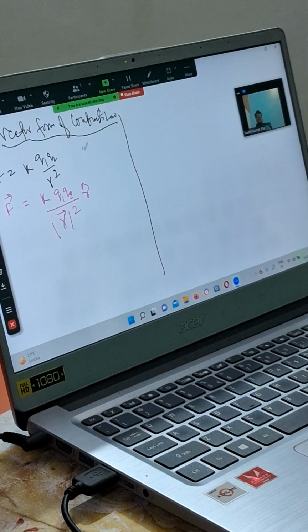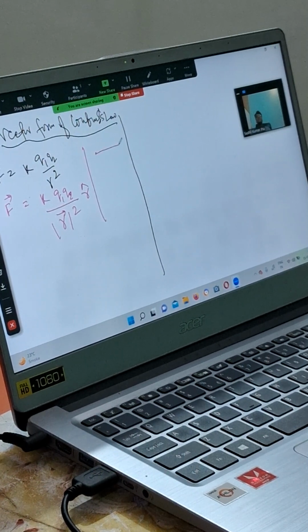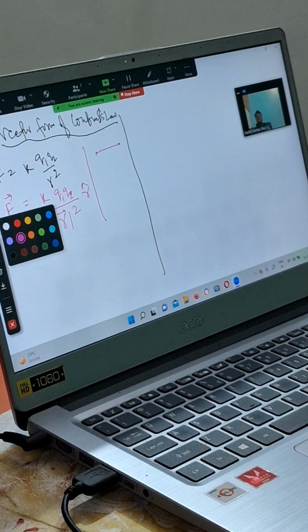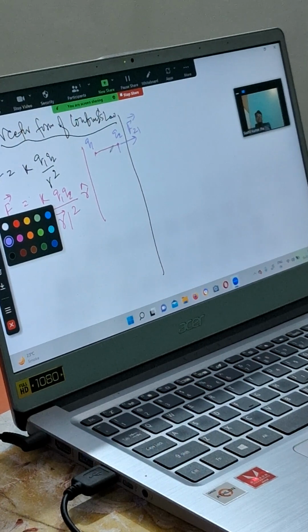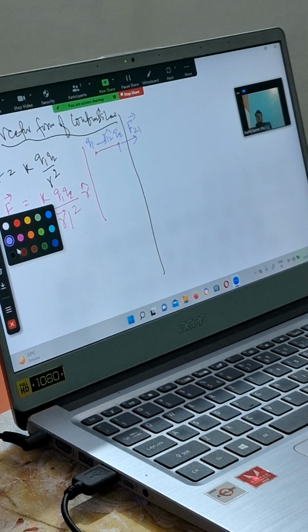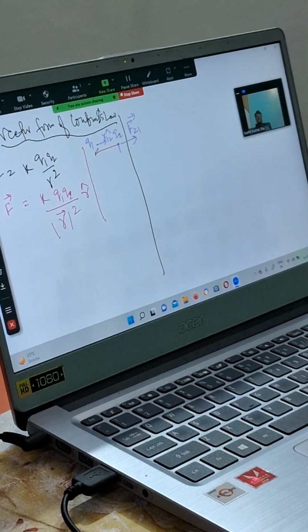But if we want to specify it more, then if the charges are Q1 and Q2, and you want force on second due to first, then we write F21, and direction is from first to second, so we write R12 cap. Likewise, if you want force on first due to second, then F12 vector, and direction is from 2 to 1 cap.